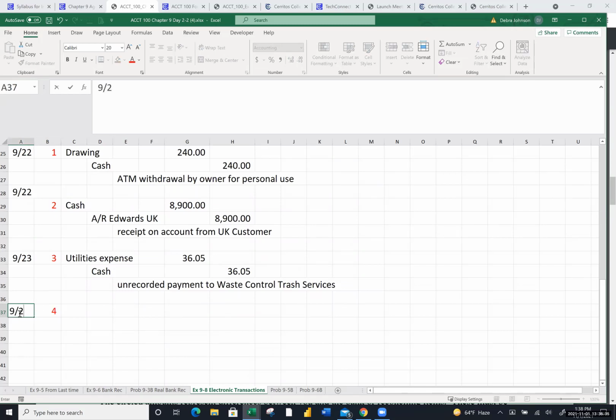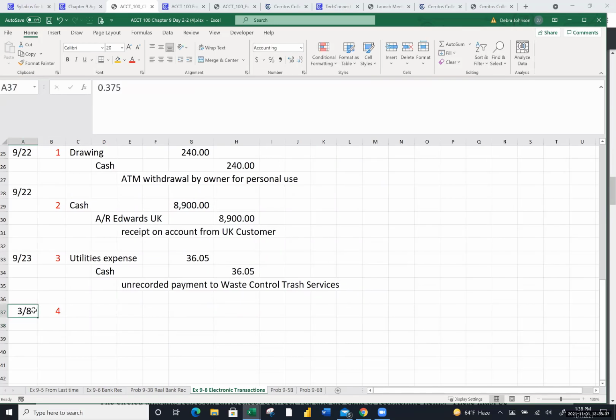Well, that is a note payable. So there's two sides to a note. When you guys read about promissory notes, there are notes that are due to me from goods that I've sold, and there are notes that I owe to other people. A car note would be an example of that. So we would debit note payable and credit cash.